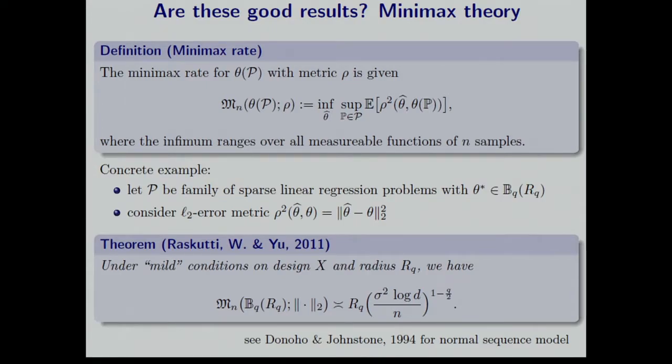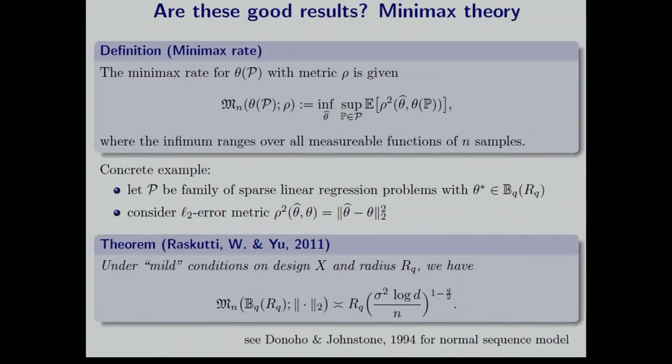And mathematical statisticians, at least a subset of them, spend a lot of time worrying about these kinds of functions. Actually, for computer scientists, there's an interesting variant on minimax rates. Computationally, one thing that's slightly undesirable here is this infimum ranges over all measurable functions.